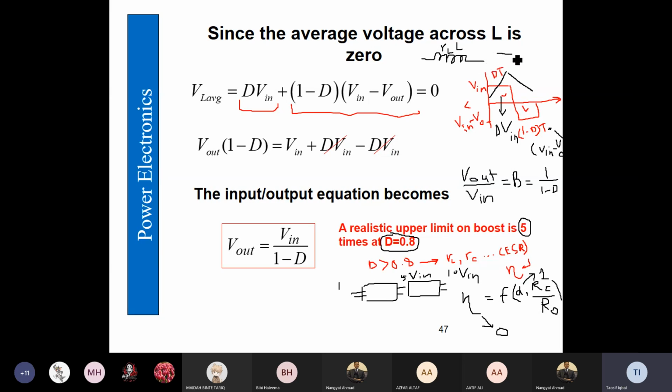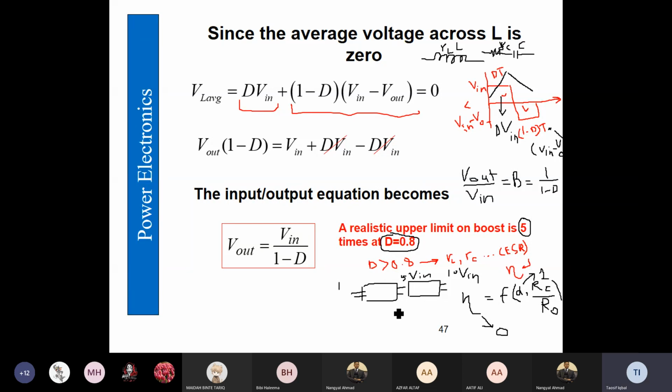Similarly, a capacitor also has some parasitic resistance, or ESR, in series with the capacitance value. So this resistor is creating the loss, and therefore that loss does not allow us to go for very high frequency if we operate at very high duty cycle.